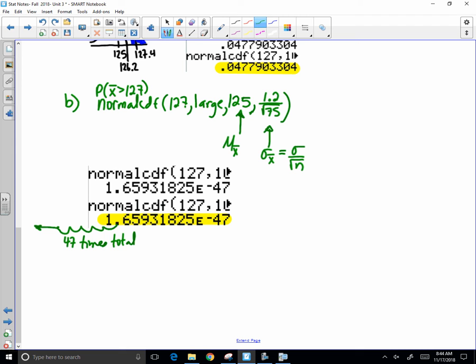Now, this is basically saying virtually 0. All right, so if 140 is the benchmark for genius, what this is saying is that the probability that I would get a group of 75 people whose average intelligence is more than 127 is virtually impossible. I mean, that would make sense, right?